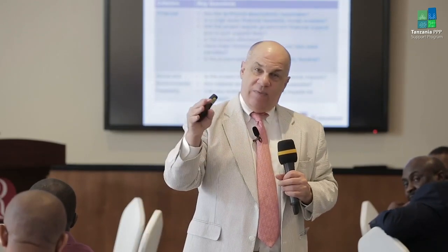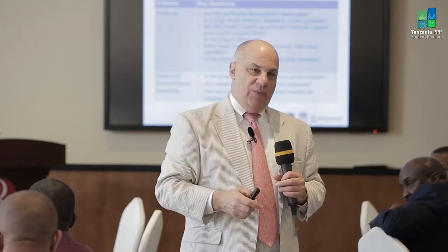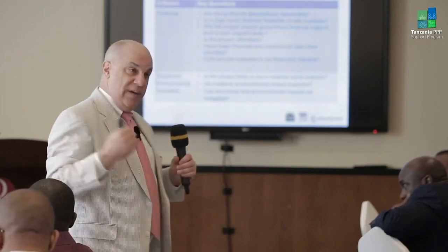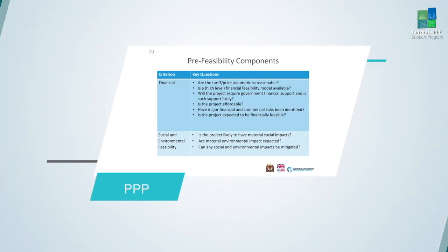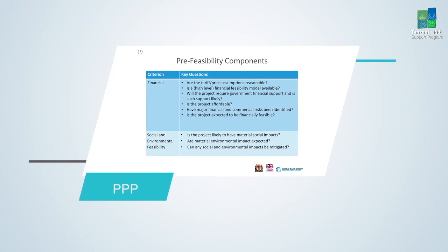And when we talk about how to finance these projects, we might even use that one as an example, because that turned out to be a really interesting example of balancing affordability and bankability. So financially, can we do it? Are government subsidies going to be required to make the project happen?